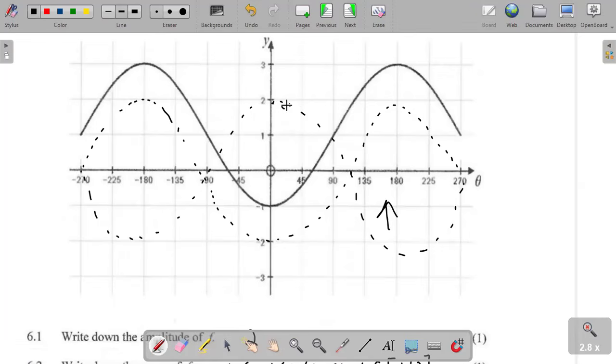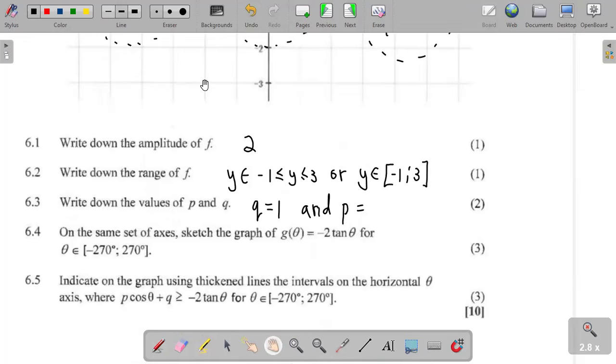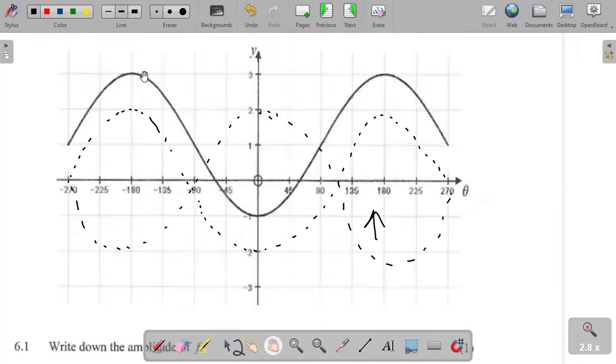It's not positive. You may be tempted to say P is 2, but P is not 2. P is going to be negative 2 because we can see that our graph is upside down. A graph should be facing up at this point, but it is going upside down.